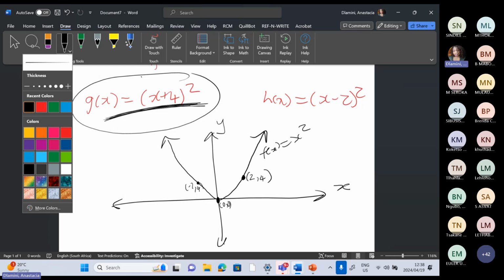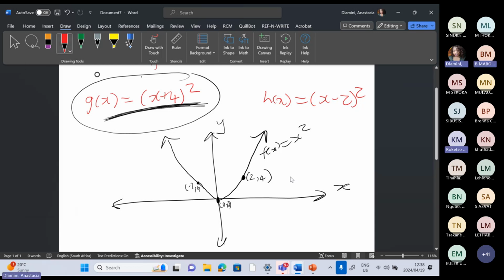So give me the new points. Minus 6 and 4. X will be minus 6.